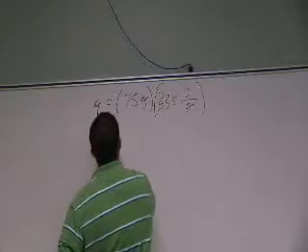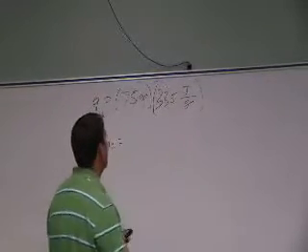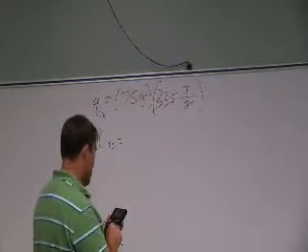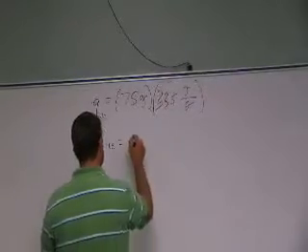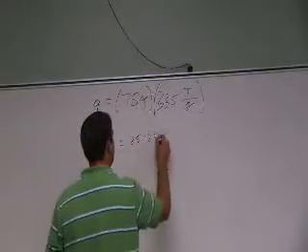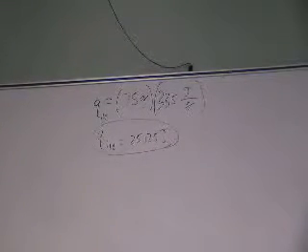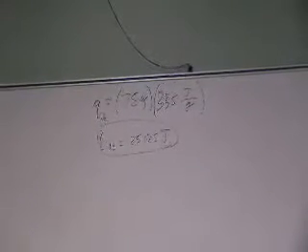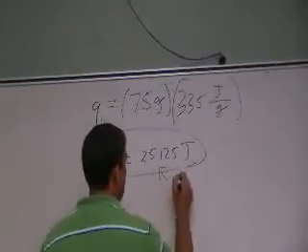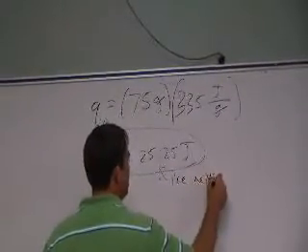Grams will cancel, so that means it's going to take 335 times 75. That means it's going to take 25,125 joules for the ice to melt. Okay. This right here will be the ice melting.